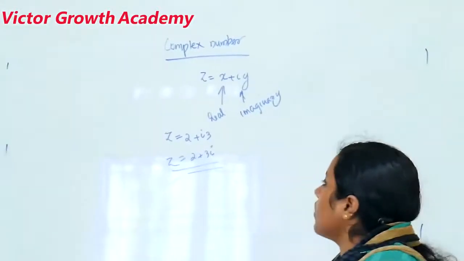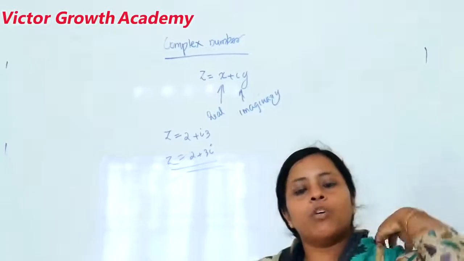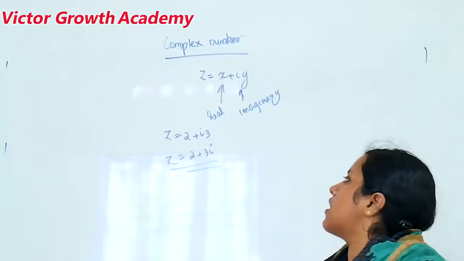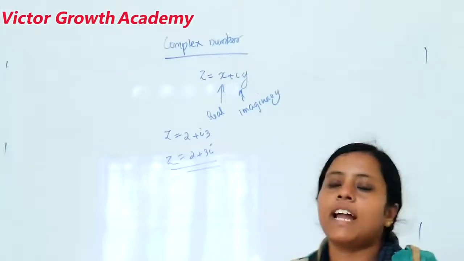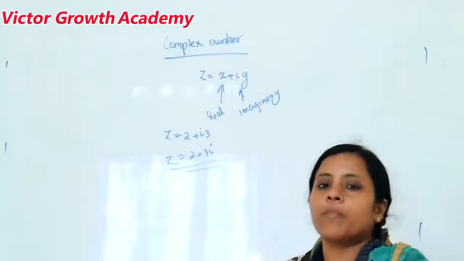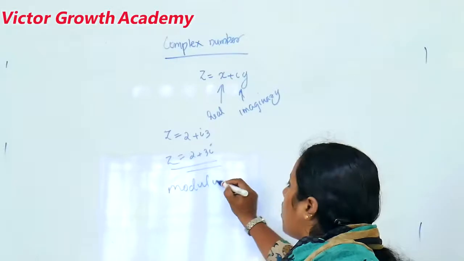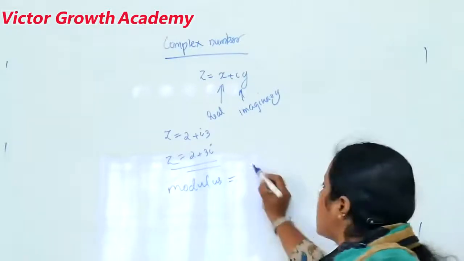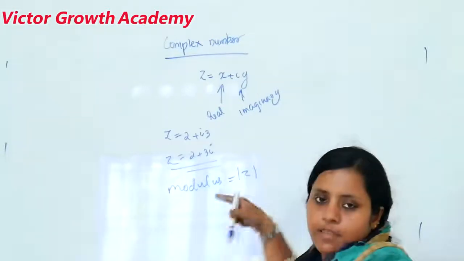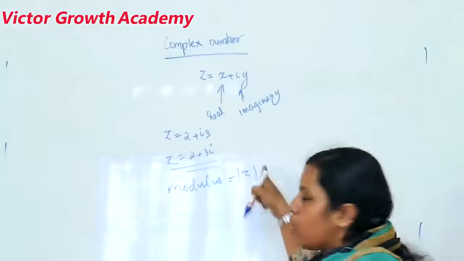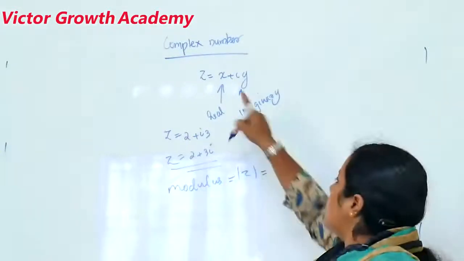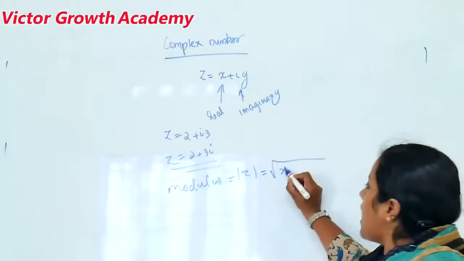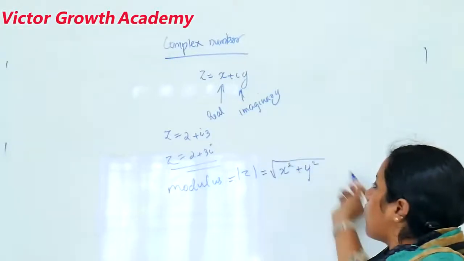Now, what we need to know is that there are a few things which are asked in questions. Basic questions can be asked based on those, like what is the modulus of a complex number? The modulus of a complex number is denoted as |z|, and we know the symbol of modulus is this one. So the modulus of a complex number is the root of x square plus y square.